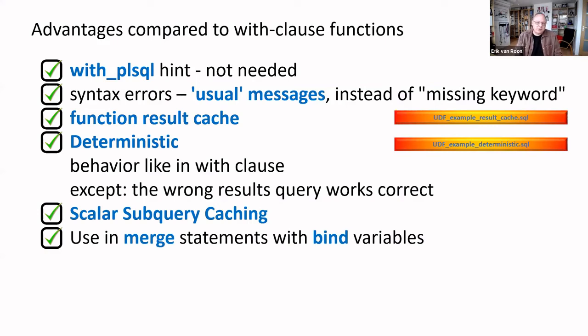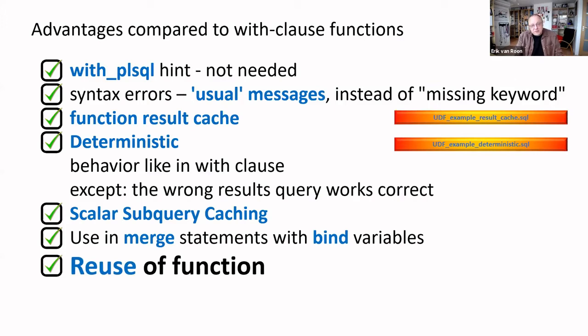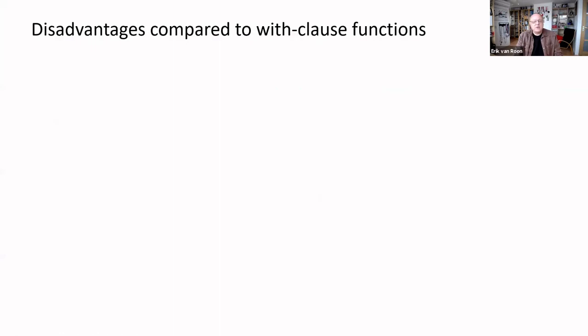And probably the most important one, you can reuse that function in any query that you want to use it in, instead of the function in the with clause, which obviously can only be used within that single query. But there are also disadvantages, of course, because as a wise man once said, if there was a best way of doing things, we never would have invented any other ways.